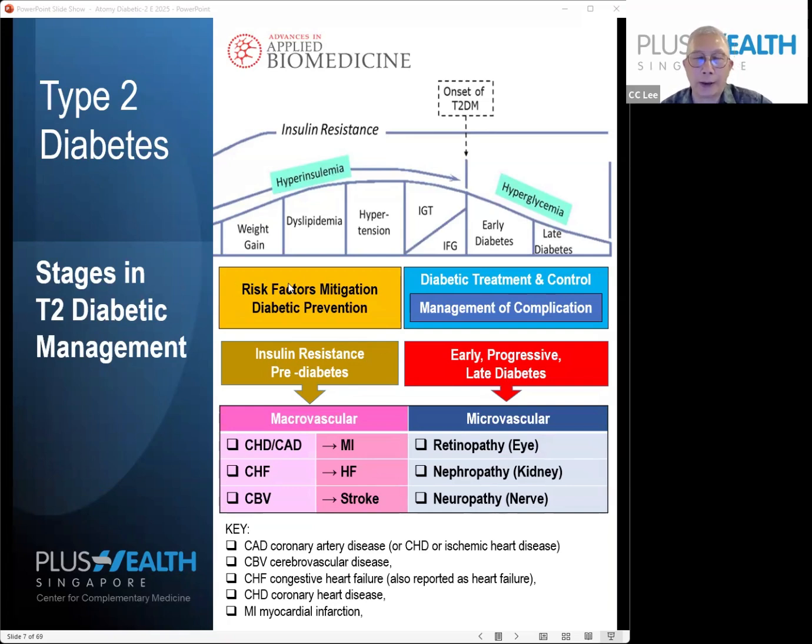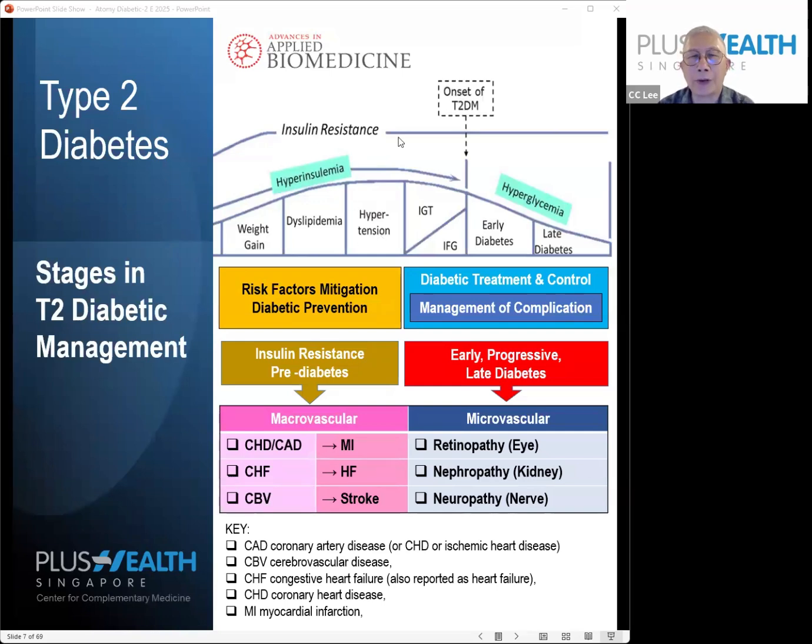You can see from here that part 1 covers the stage before one is diagnosed with diabetes, right? So the markers that we are focusing on, or what I call the clinical endpoints, will be weight management, lipid disorder, and hypertension.